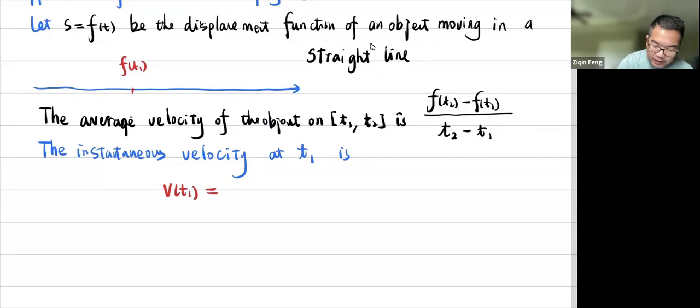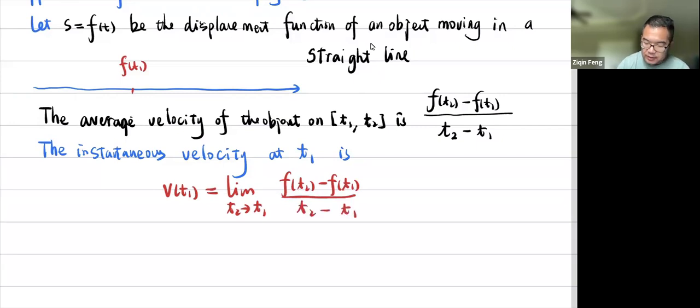This is the limit as t2 gets closer and closer to t1, but never equal to that, of f of t2 minus f of t1 over t2 minus t1. You can see that this is basically equal to f prime of t1. So that's a classic application of derivative. The derivative of the displacement is the velocity of such an object.